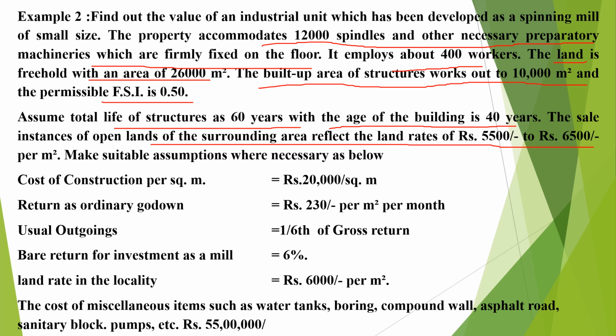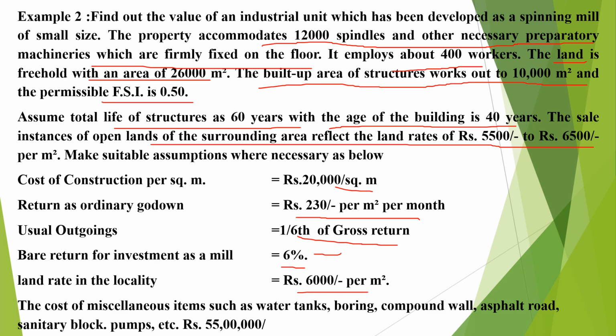Cost of construction per unit 20,000 per square meter. Return as ordinary godown 230 per square meter per month. Usual outgoings 1 upon 6 of the gross return, where return on investment is 6%. Land rate in the locality is 6,000 per square meter.